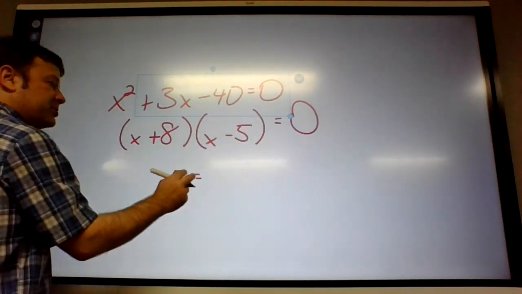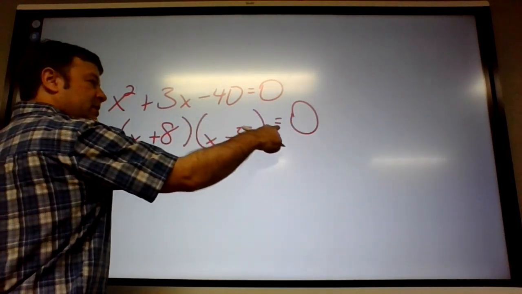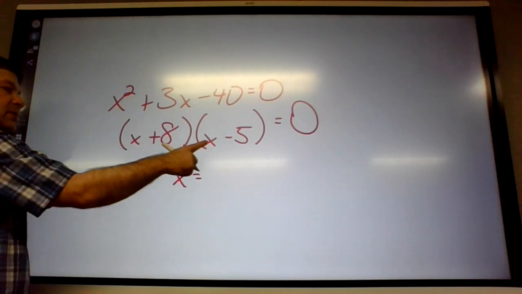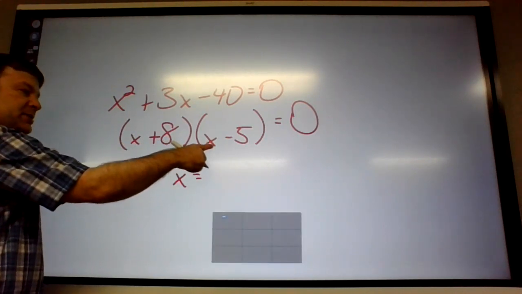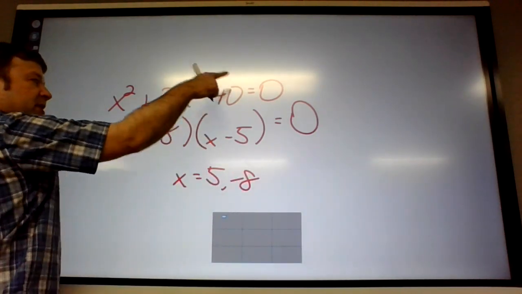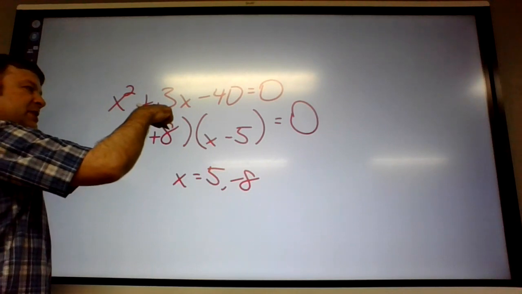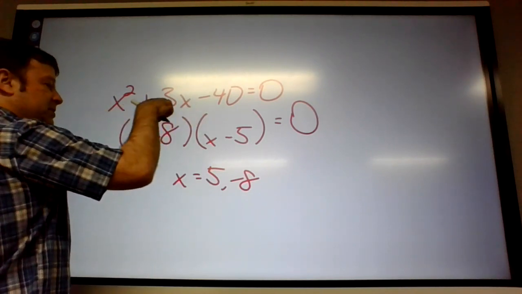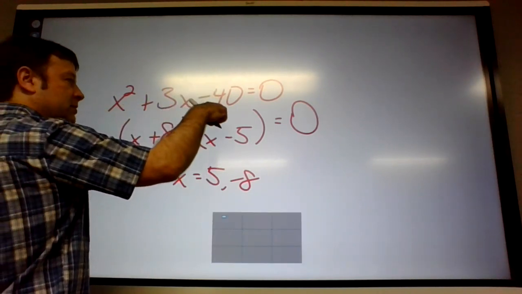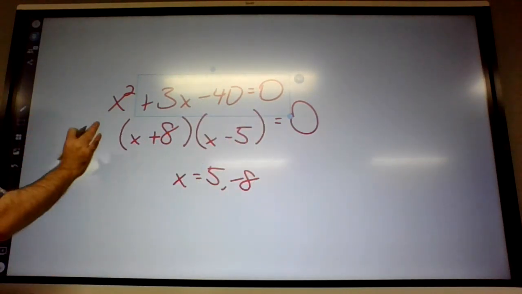And then remember this, what x values would make this factor or this factor equal 0? Positive 5, negative 8. And you can check that by plugging it back here, like 5 squared plus 3 times 5 is 40, minus 40 is 0. Okay, anyways, that's all that.